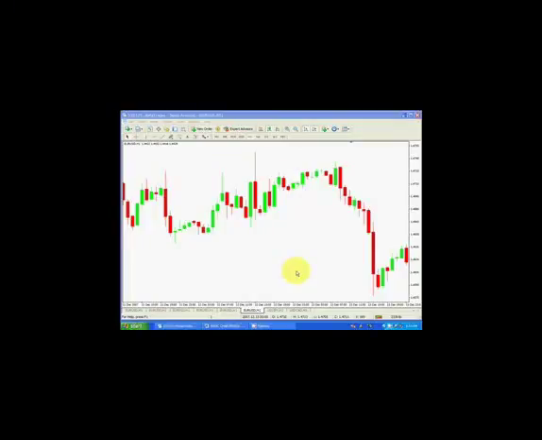Okay, now in part one we learned how buyers actually force a market to fall downwards, and how selling actually forces a market to rise upward, and how that is counterintuitive because it doesn't seem logical at first glance, but once we start looking at it a little bit deeper, it makes perfect sense.